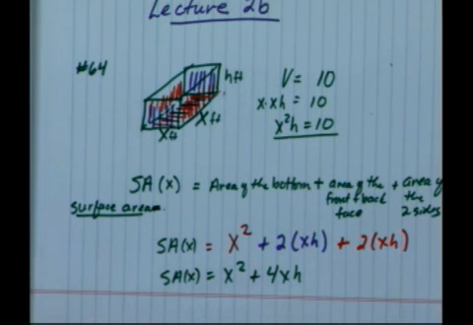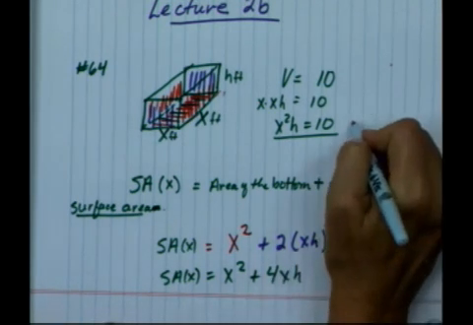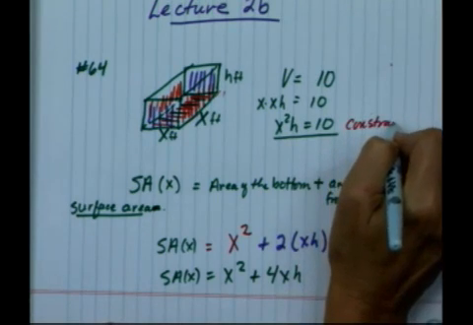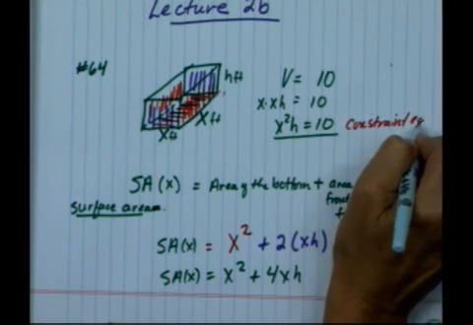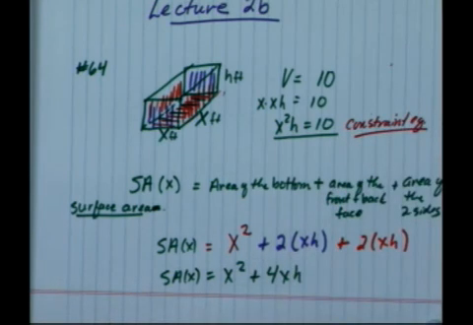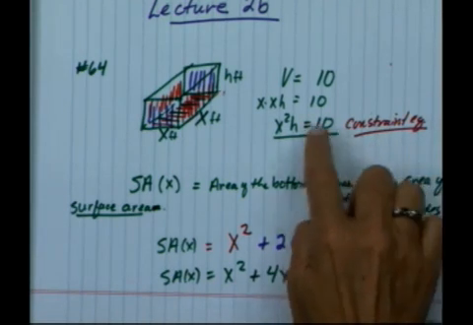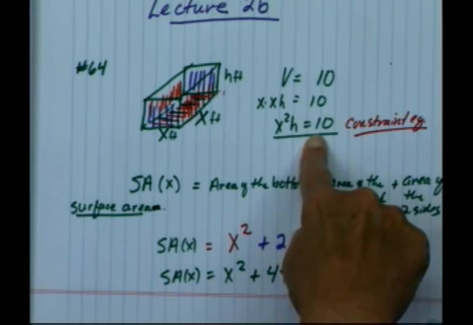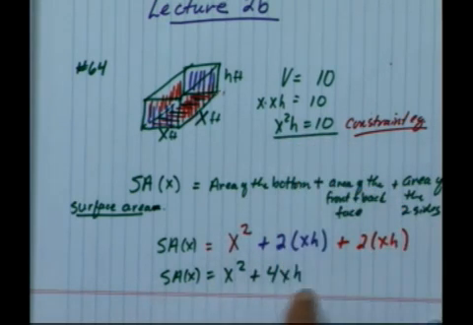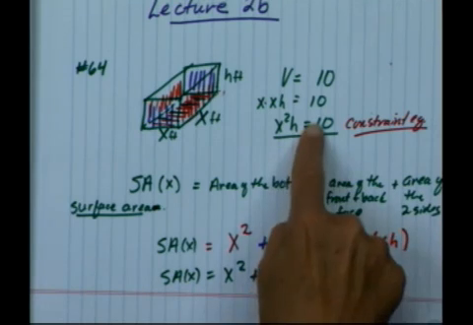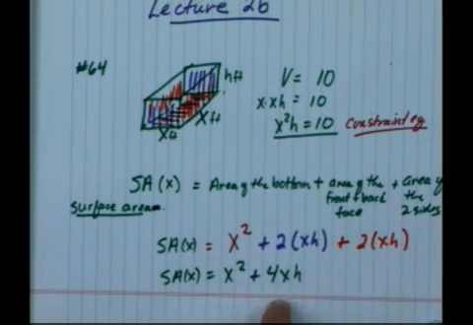This part right here is really called a constraint equation. This surface area is a general formula for every box with a square base with no top. But we want the particular box that will hold 10 cubic feet. So how can I use my constraint equation to get this only in terms of x?